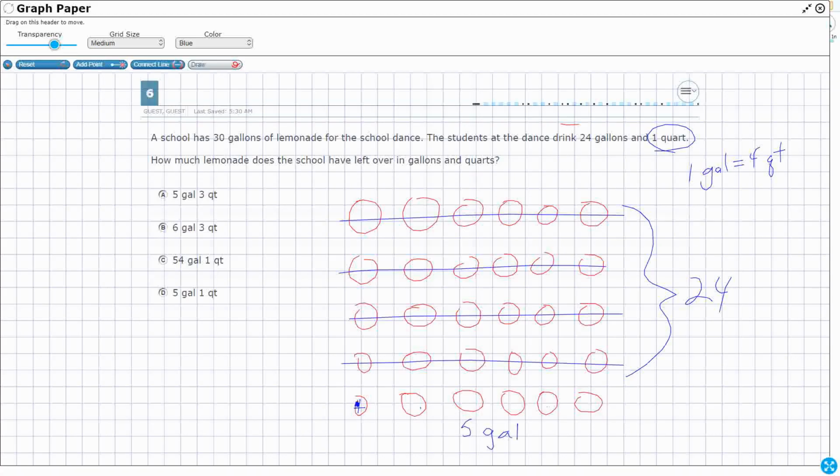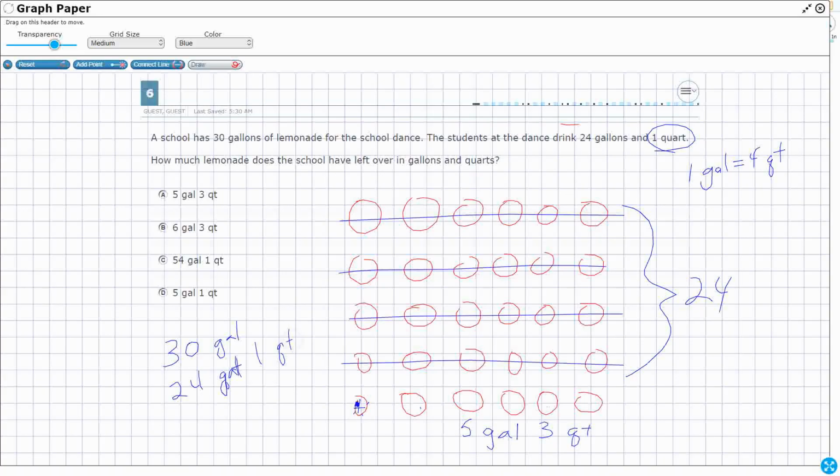And then how many quarts did the students not drink? 1, 2, 3. 3 quarts. So you could almost subtract this like this. You could almost do 30 gallons minus 24 gallons, 1 quart.